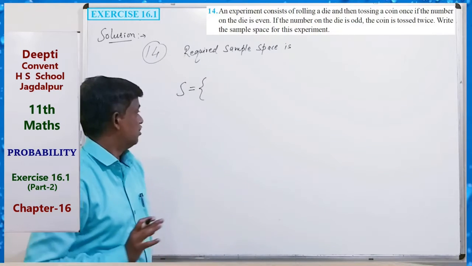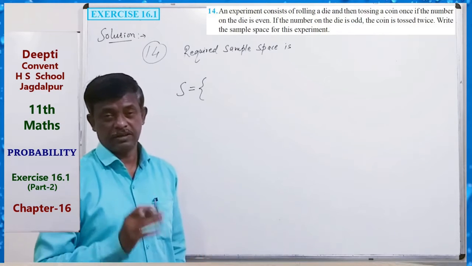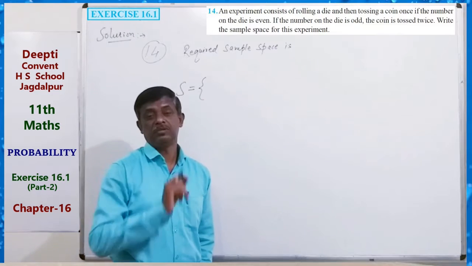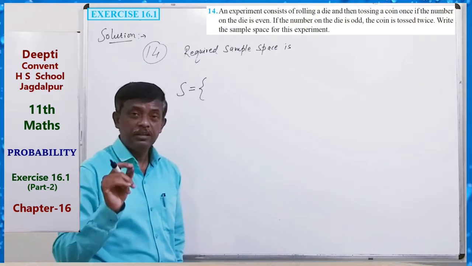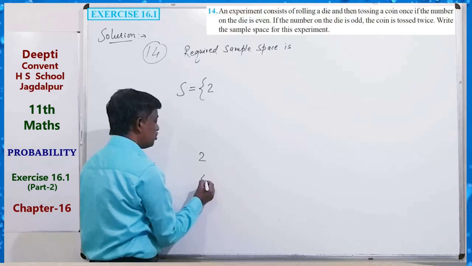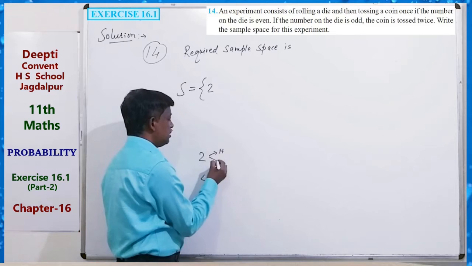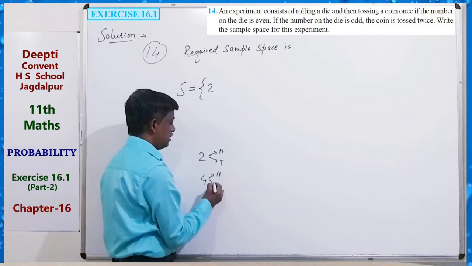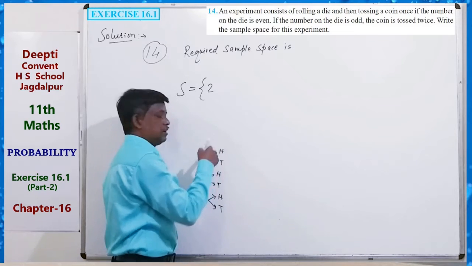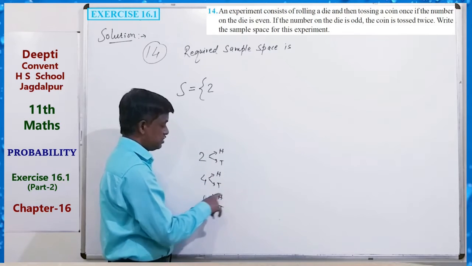Now, what is our experiment? Rolling a die, getting an even number, then tossing the coin one time. The even numbers are 2, 4, 6, and tossing a coin gives head or tail.